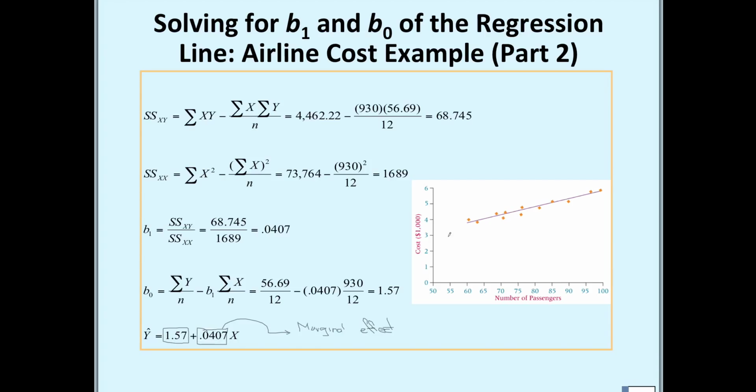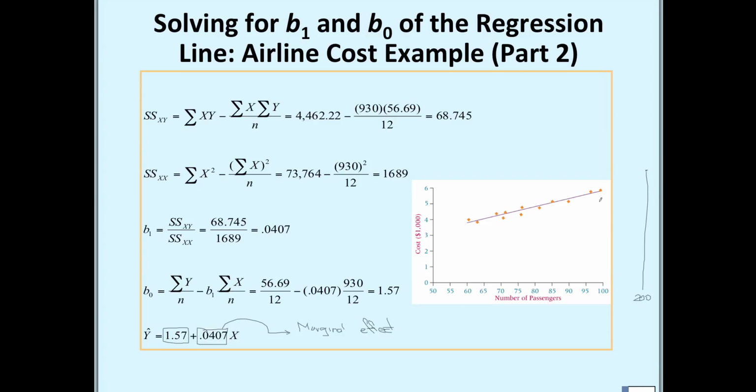Some other notes: if you want to predict an amount for values which are so much more or so much less than the range of your values, you cannot do it based on these models. For instance, if you want to predict how much cost you will have if you have 200 passengers, you cannot do that because your range is from 60 to 100.